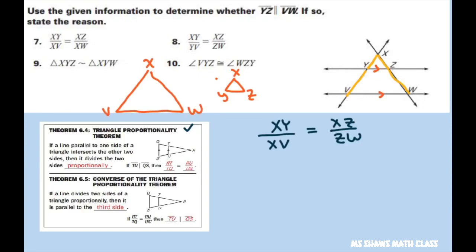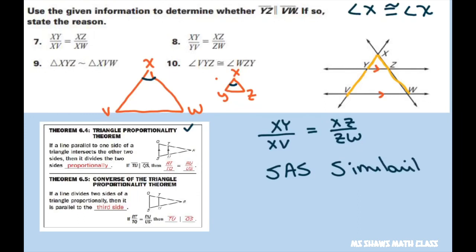And we know also that these two angles are congruent by the reflexive property, so angle X is congruent to angle X. And then we have the sides proportional, so that means the triangles are similar, and that's by your side angle side similarity theorem.